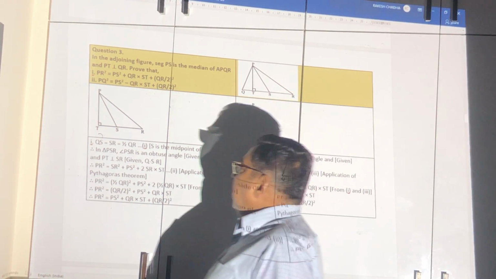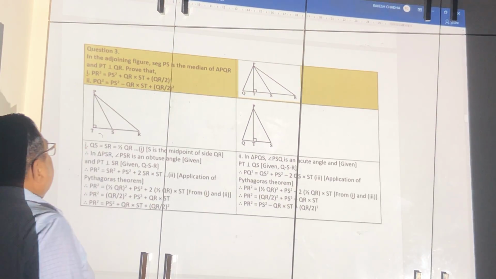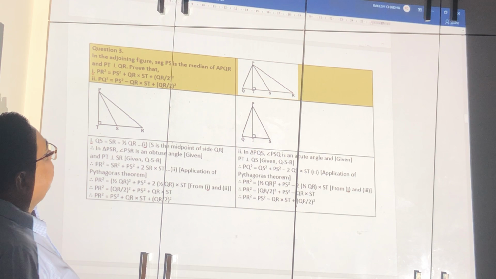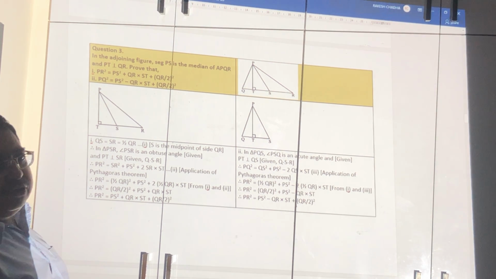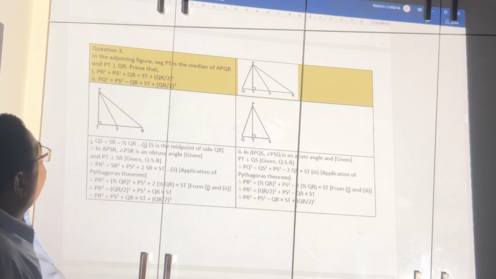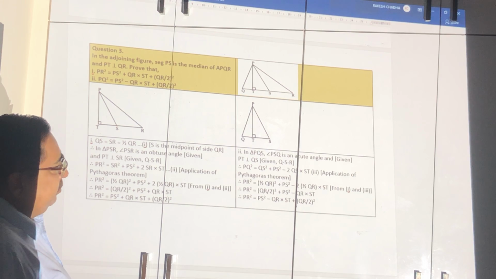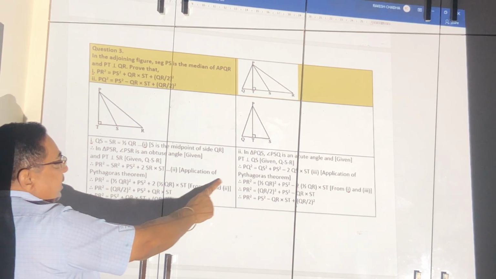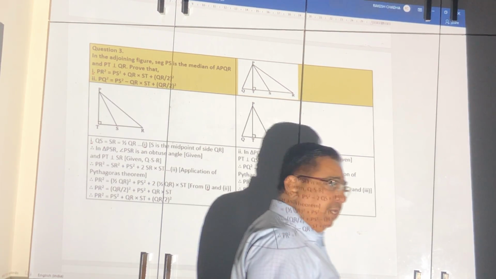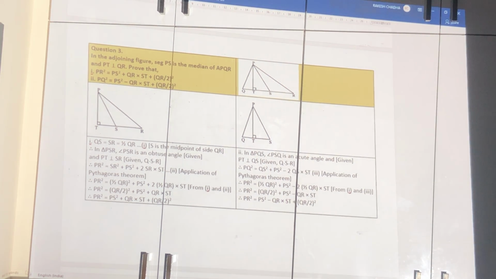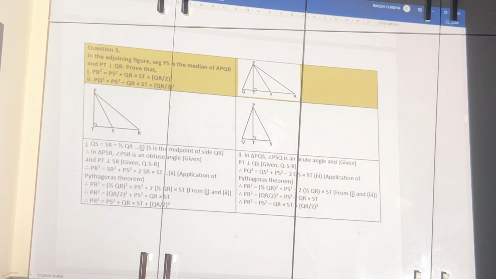Okay, again, see application of Pythagoras theorem. Same sum. Same to same type of sum we are seeing. For a plus, use plus. For a minus, use minus. And memorize the application. Okay, next. One sum of this will come in the theory.